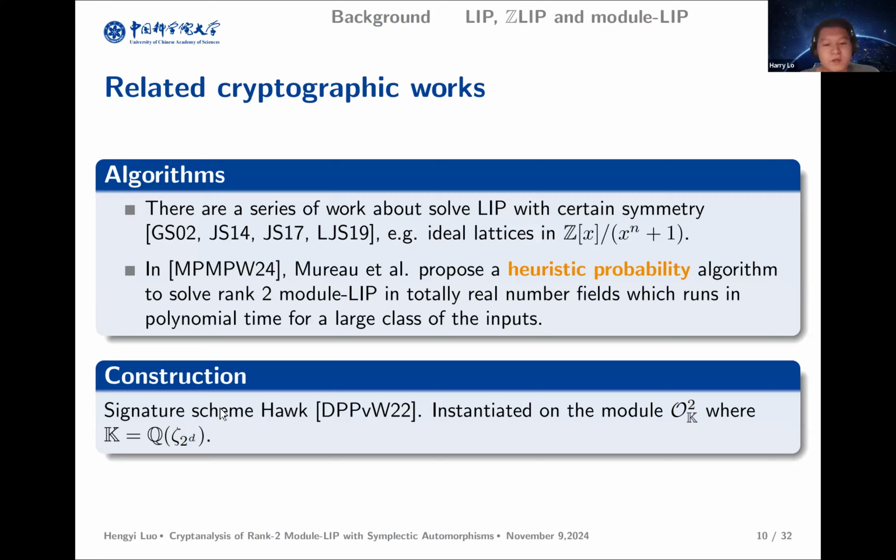And for construction, the signature scheme Hawk we mentioned before is built on the hardness of module LIP for the module O_K squared, where K is the cyclotomic field with conductor a power of 2.